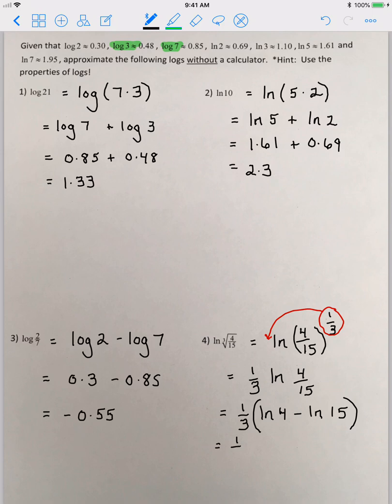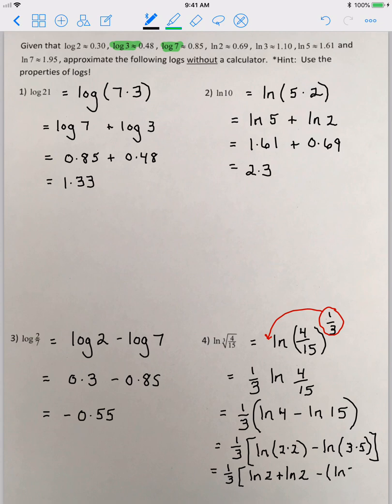I could rewrite this as 1/3 times the quantity, natural log of 2 times 2, minus the natural log of 3 times 5. Which can then be written as 1/3 times the natural log of 2 plus the natural log of 2 minus, and I need to be careful here and put parentheses, the natural log of 3 plus the natural log of 5.